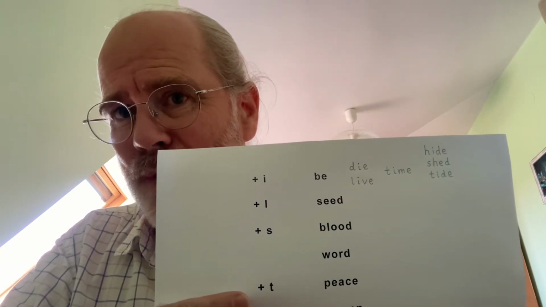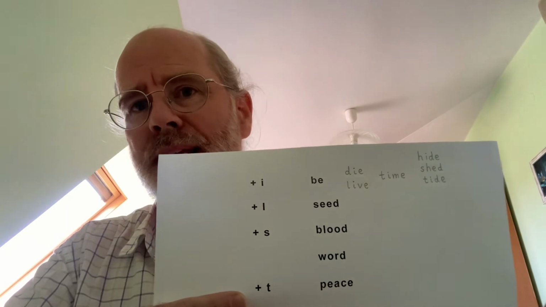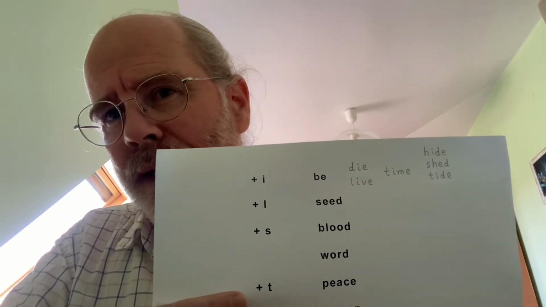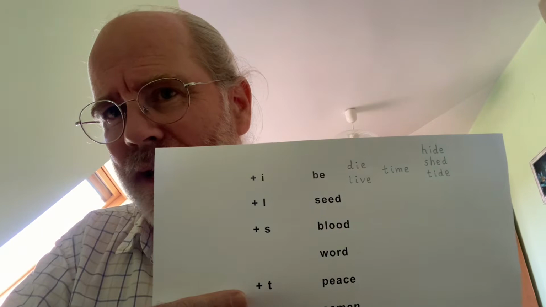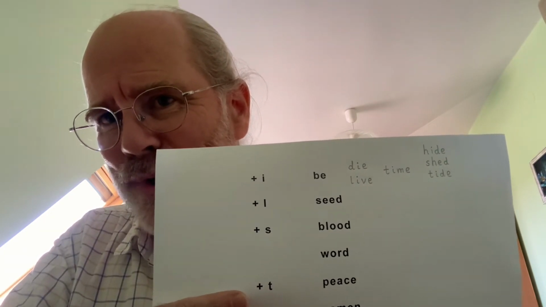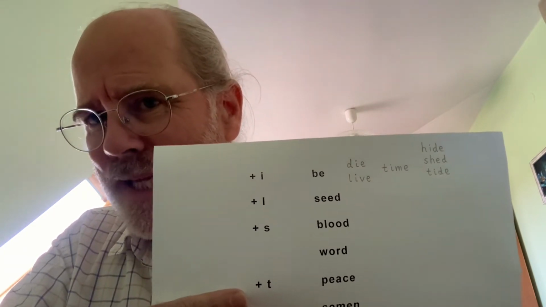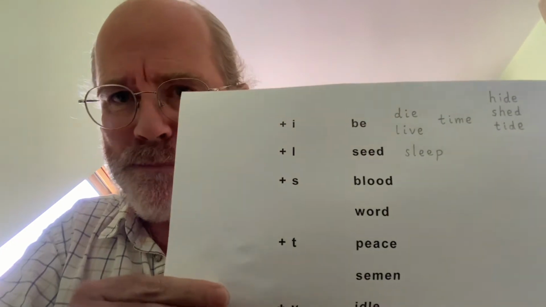Well, I think there's another connection here, but I need to rotate the D by 180 degrees and make it P. If I then add L, I get the word sleep. By rotating the D by 180 degrees and adding the letter L from seed, I get sleep.